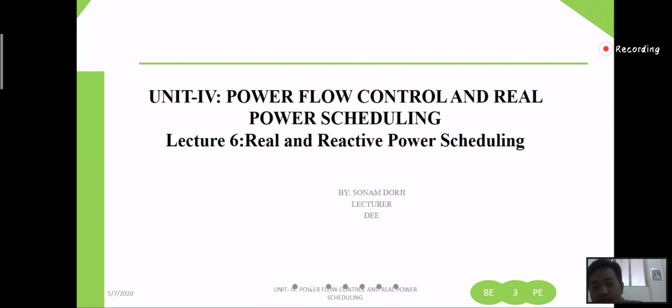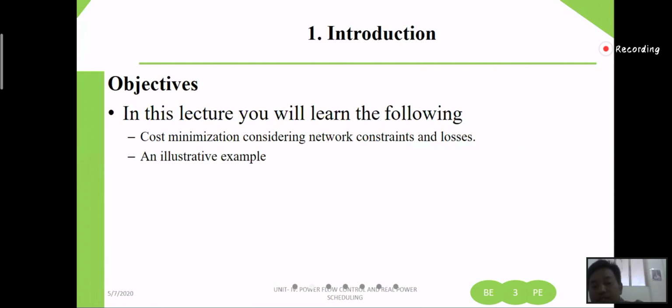So we'll see that. In this lecture we will learn the following: cost minimization considering network constraints and losses, and one illustrative example. With one example we will carry it out. But here, cost minimization considering network constraints and losses. Earlier, when we carried out the optimization, we did not consider the losses taking place.